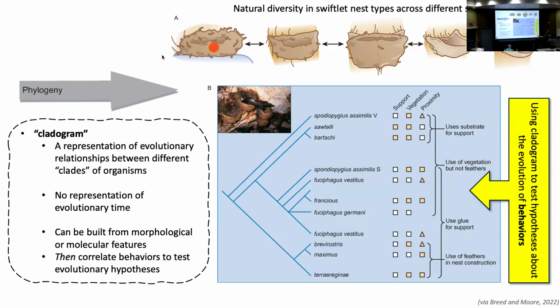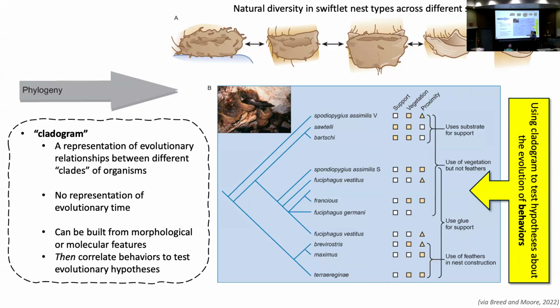And so you can take all of these nest traits, which are phenotypes, they're extended phenotypes of the swiftlet, and you can map them. So here, what they've done is they said there's different ways to support the nest. There's whether you build it out of vegetation or feathers. There's how close it is to the edge of the cliff. So you look at all these different variations here, and you can color them, down these columns, whether they have one type or the other.